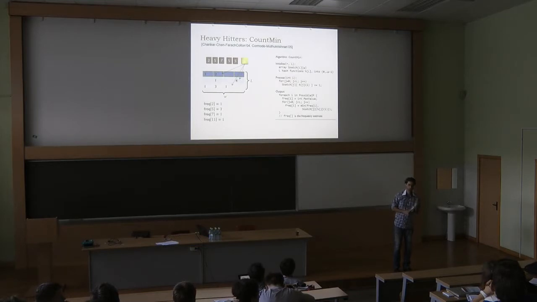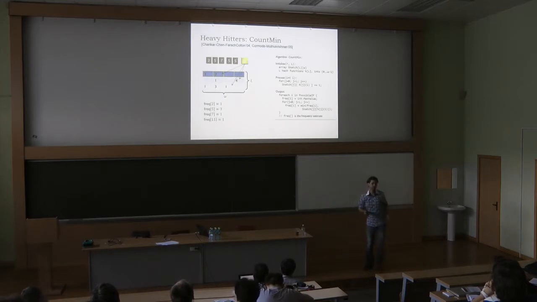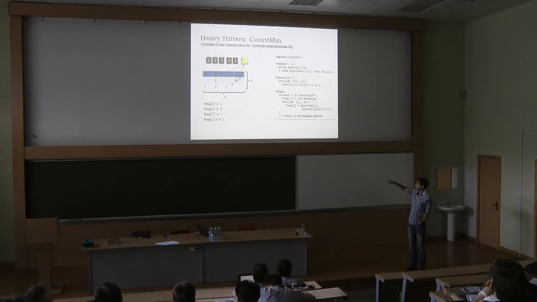This will come in the analysis, but roughly, heavy hitters are elements whose frequency is more than, say, some fraction of the total frequency. Total frequency is easy to compute. If an element has frequency much larger than the total frequency divided by W, then we say it is a heavy hitter.